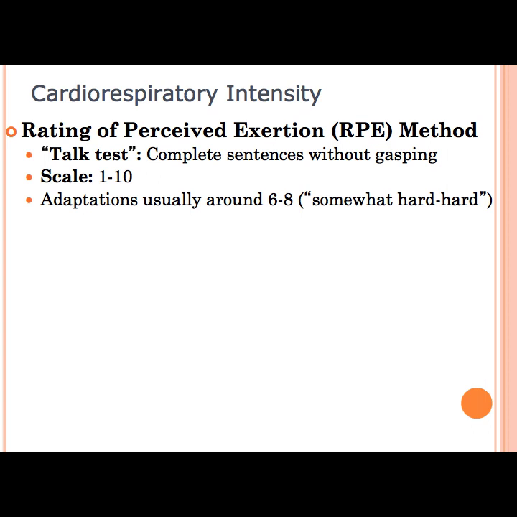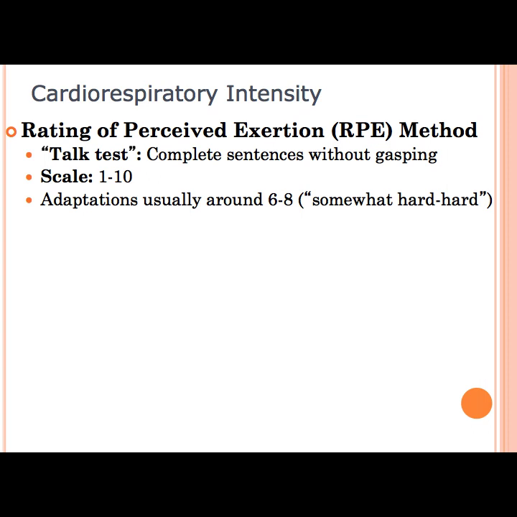You can also just use a scale of 1 to 10 of how hard the patient feels like they're working, with 1 being not very hard at all and 10 being an extreme amount that you don't think you could work any harder at. Adaptations that we're looking for to increase health are usually found around the scale between 6 to 8, this somewhat hard to hard category.